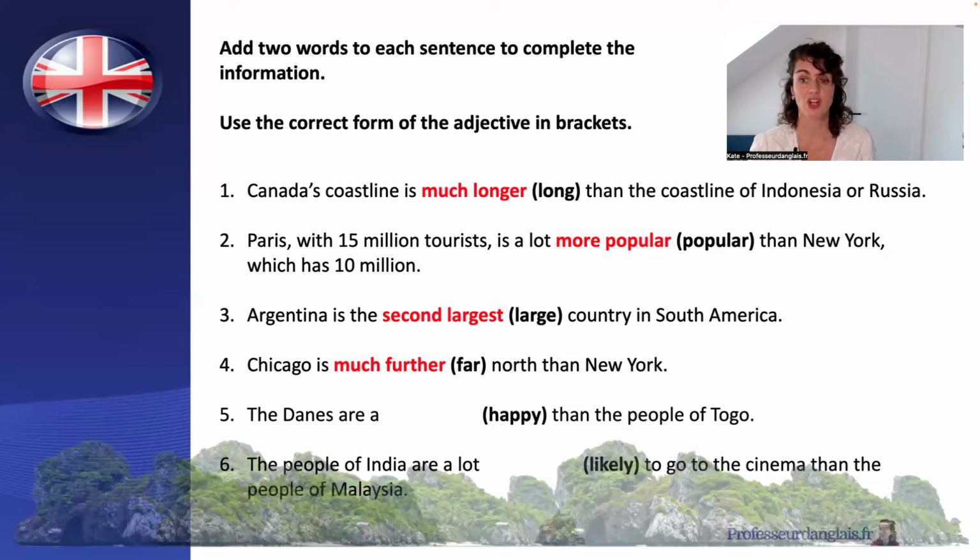The Danes are a lot happier than the people of Togo. And number 6. The people of India are a lot more likely to go to the cinema than the people of Malaysia.